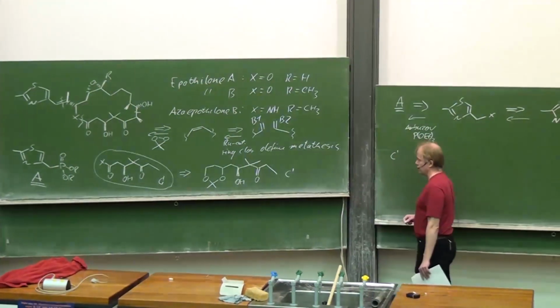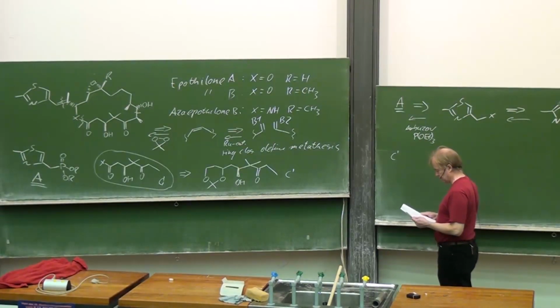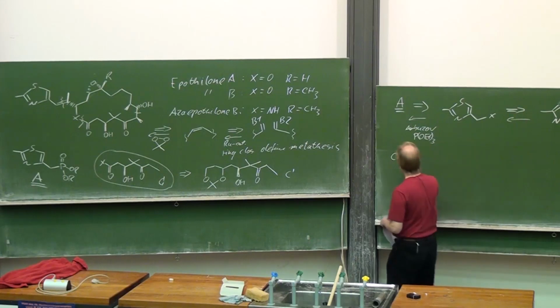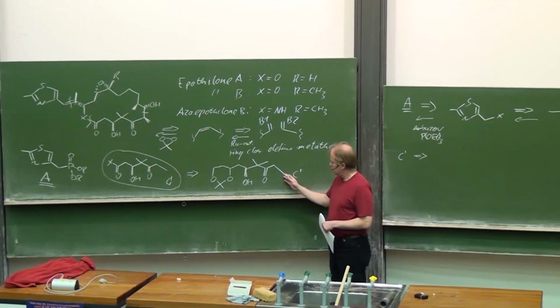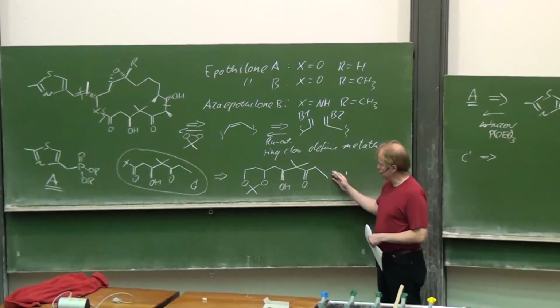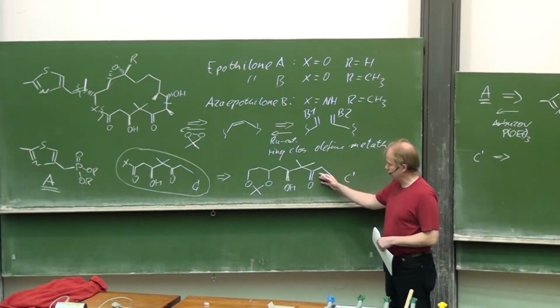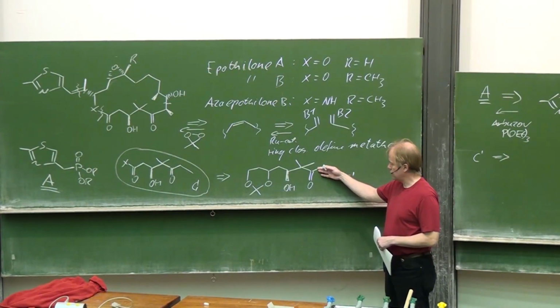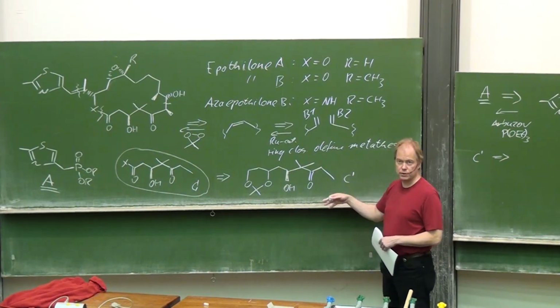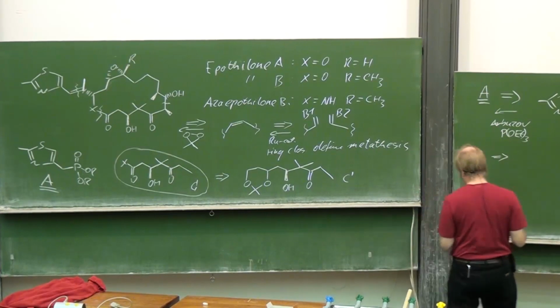So, how can we synthesize C prime? Well, we could introduce such an ethyl group here by starting from a corresponding aldehyde and a Grignard and then oxidizing. No problem.